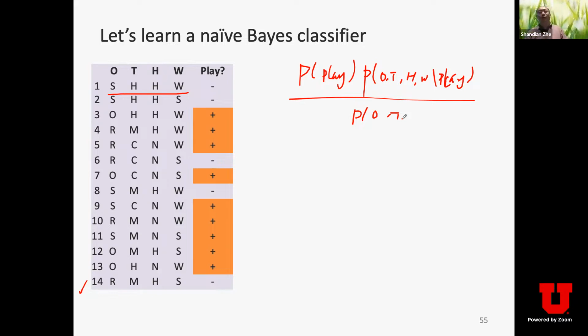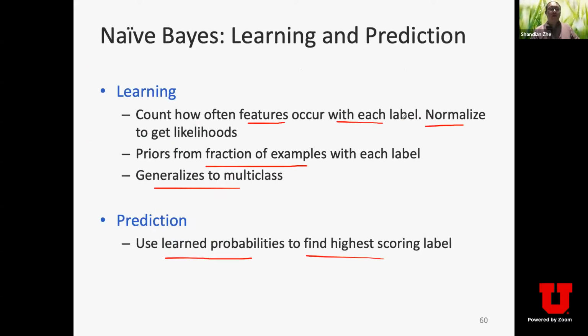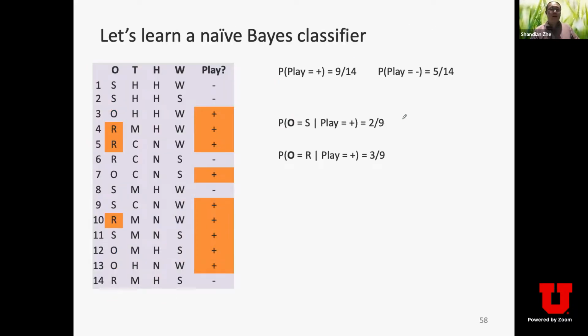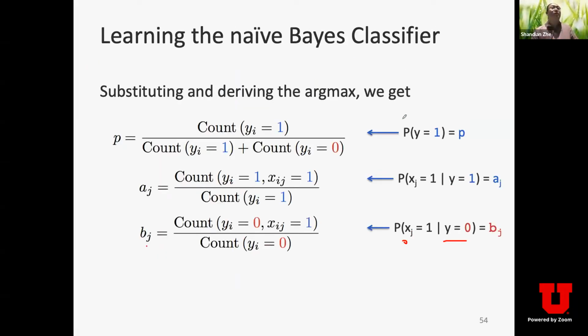We introduced a very simple approach, right? But don't you think the counting here, we just look at how many positive examples, how many negative examples, and given positive examples, how many of them have J's feature equal to 1, how many have J's feature equal to 0, right?